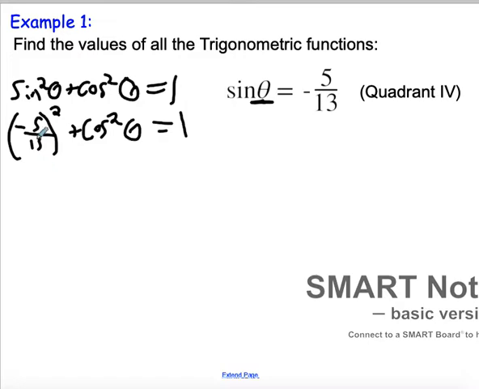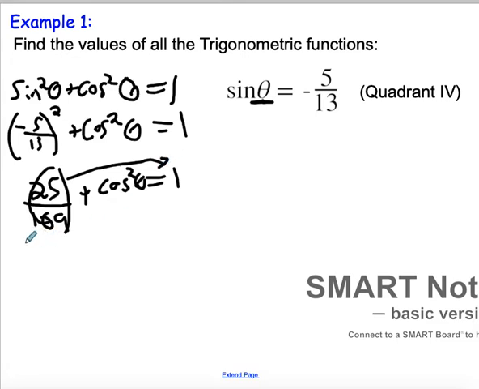Well, if you square this, you get 25 over, is it 169, I believe, plus cosine squared of theta equals 1. So I'm going to subtract this value over. So you have cosine squared of theta equals 1 minus 25 over 169. Now again, when you square this, a negative times a negative is positive, so it becomes positive when we squared it.